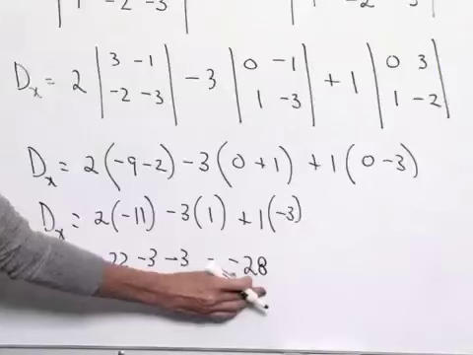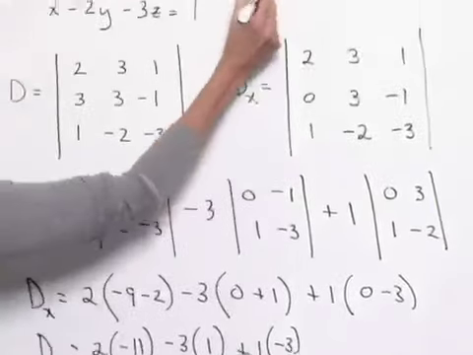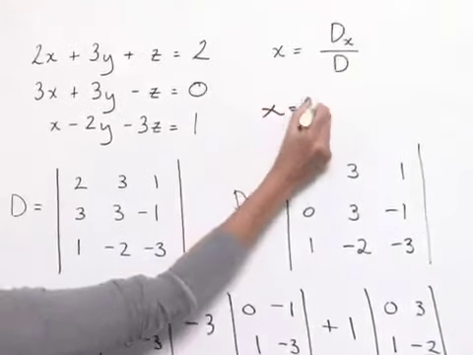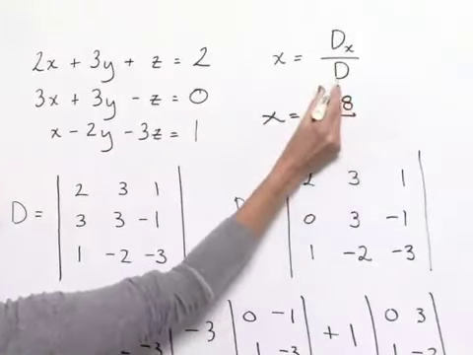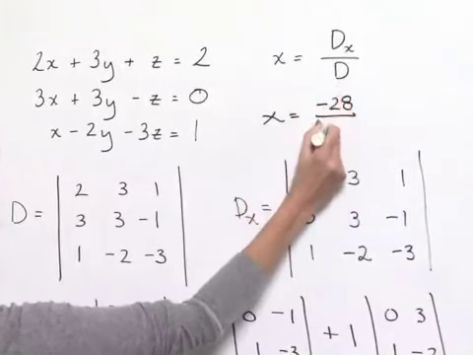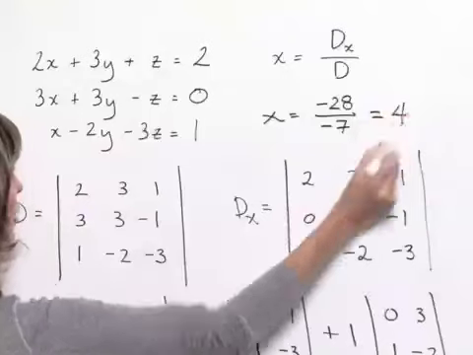Let's take that value, and we're going to now solve for our value of x by substituting our negative 28 for the numerator, and the value of d that we found out earlier from our coefficient determinant was negative 7. And that gives us our x value of positive 4.